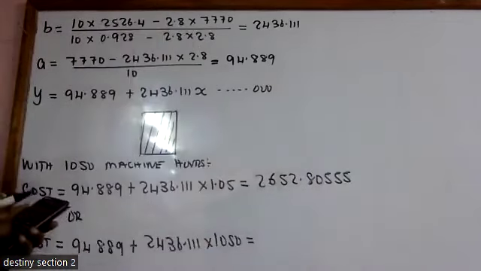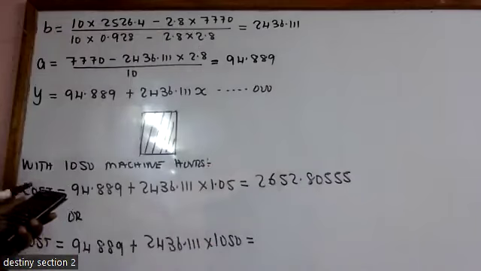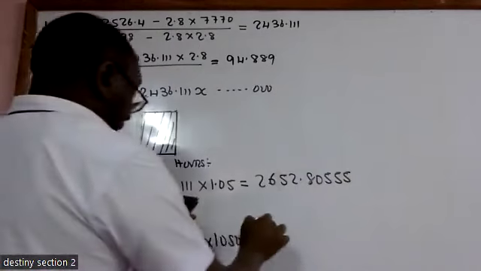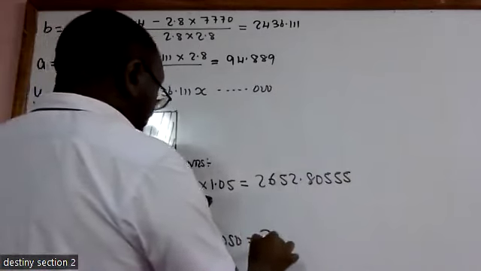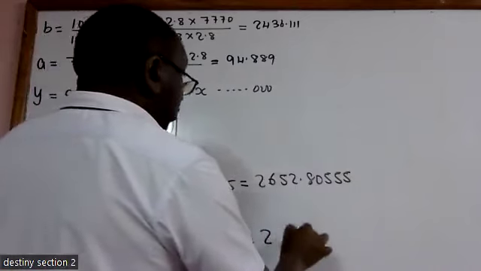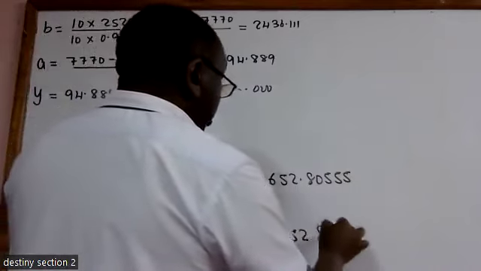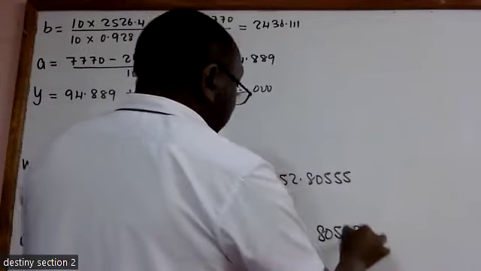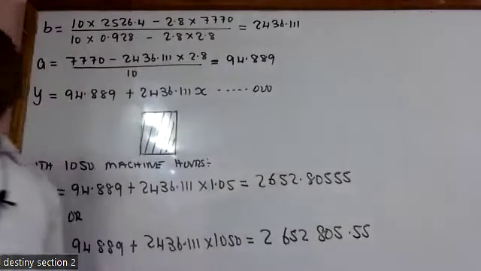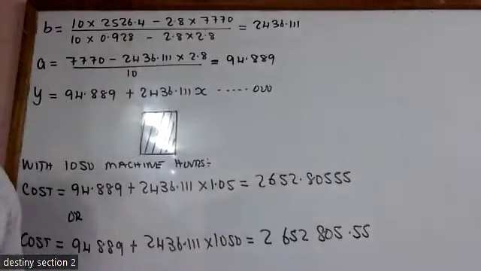Then 94.889 plus 2436.11 times 1050, it is 2,652,805.55. So either way can work.